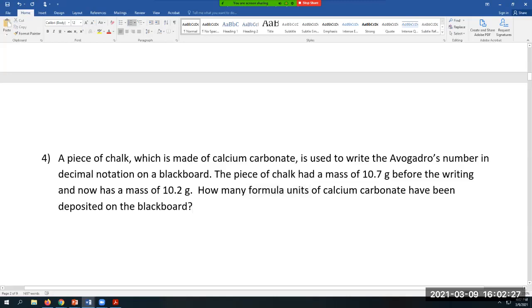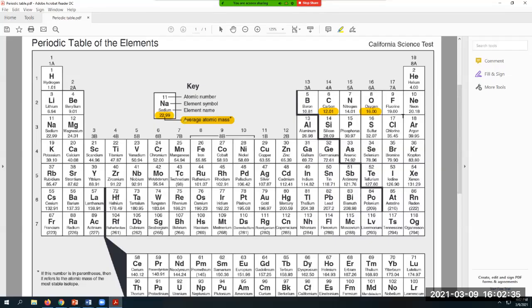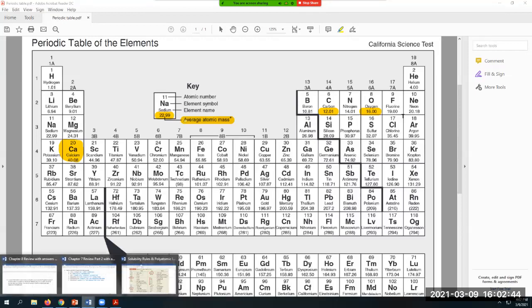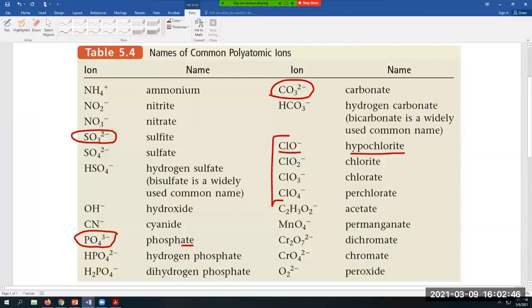So let's write down the formula of calcium carbonate first. We need to know what we're talking about. So calcium here is in group 2A, so it's going to be a 2+ ion. And then carbonate, maybe you remember, is CO3 2-.